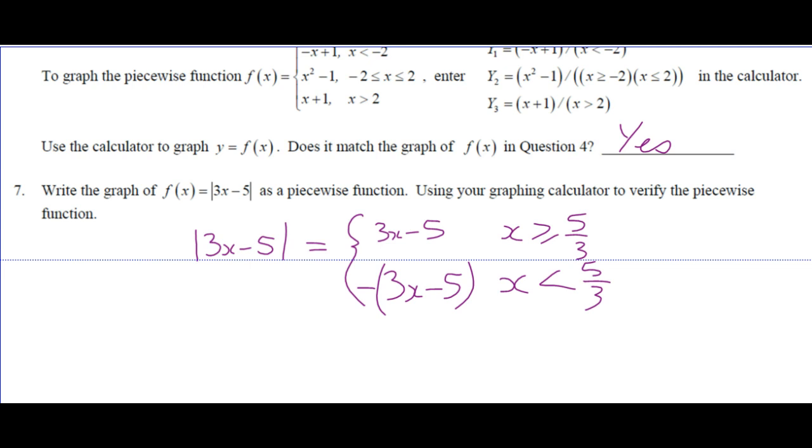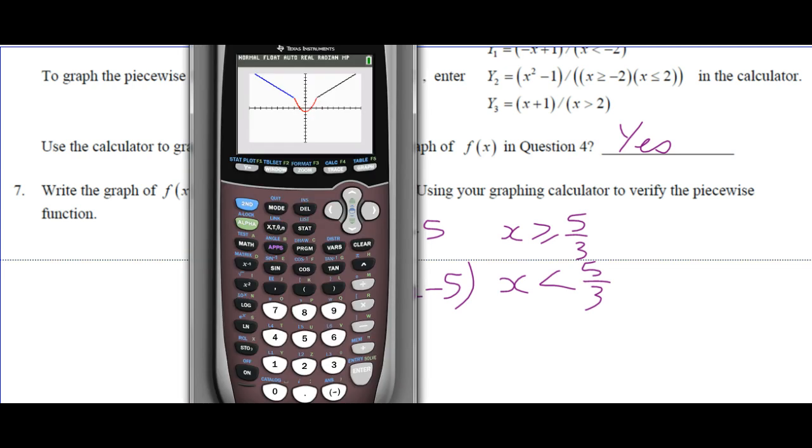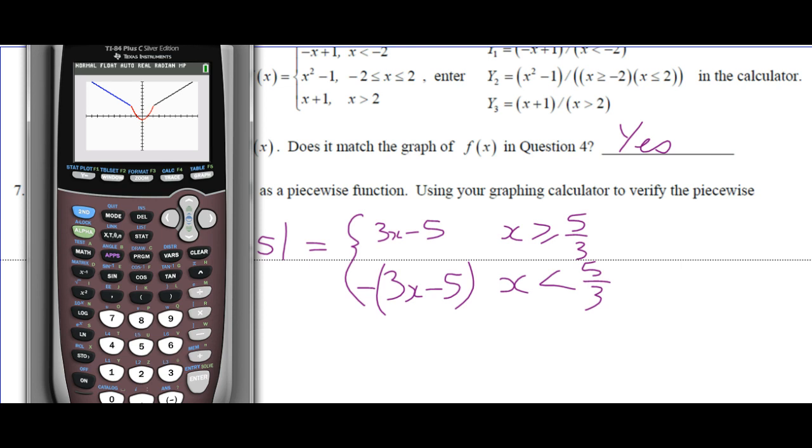Why not? Okay, calculator. Y equals, clear. Okay, so what are we saying?